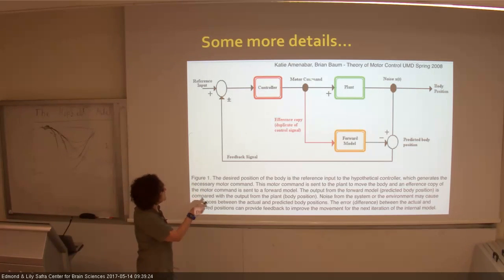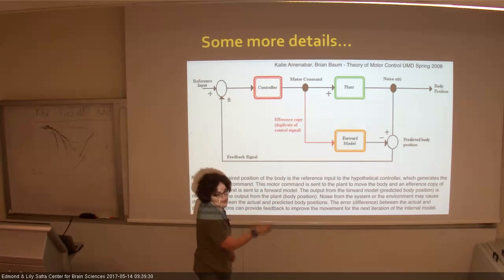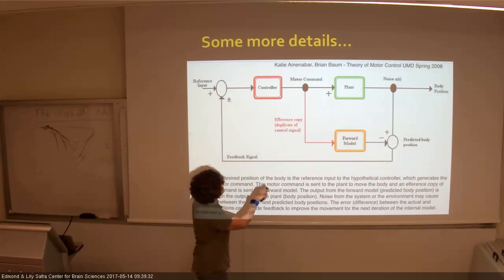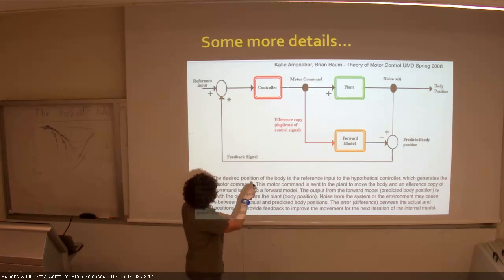We have the inverse model that generates the motor command that goes to the plant. There is some source of noise, okay? And then at the same time, the motor command that is being produced by the inverse model is relayed to the forward model, okay?